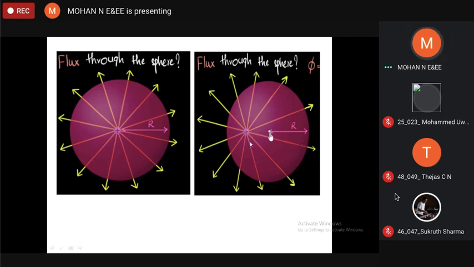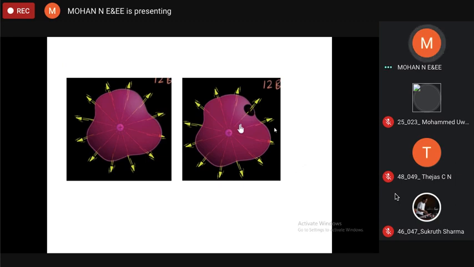As a result, the flux crossing the surface of the sphere will remain the same. So the conclusion is that irrespective of the radius of the sphere and the position of the charge in the sphere, the flux will remain the same.